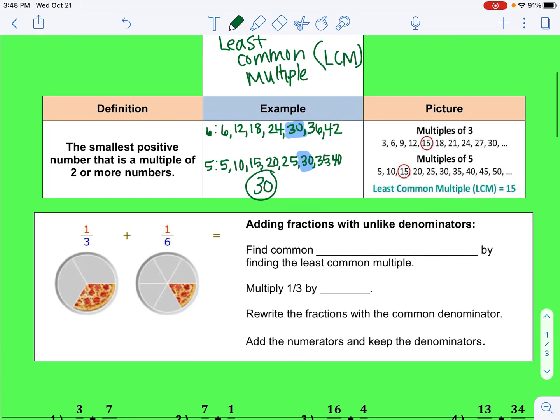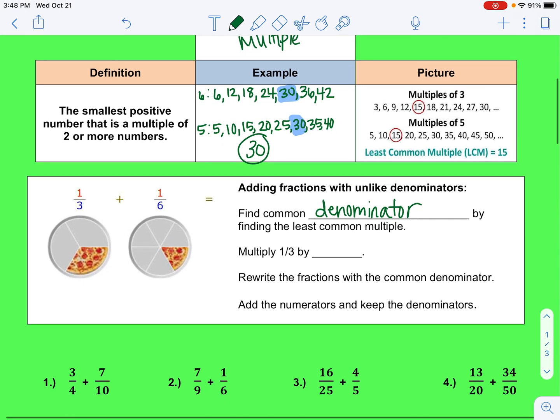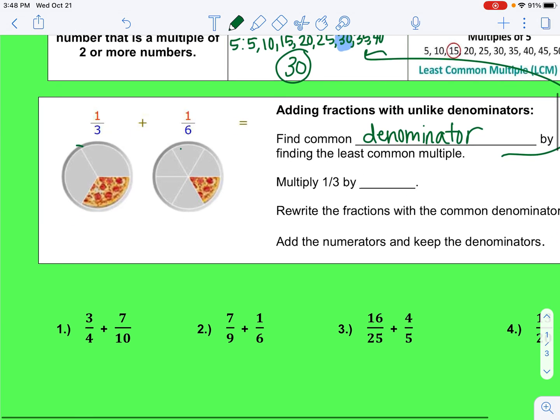Alright, so now when we're adding fractions with unlike denominators, we need to make sure that we find a common denominator. To find a common denominator, that is why we use least common multiples. So if we look at 3 and 6, let's use least common multiples and figure out what our common denominator would be.